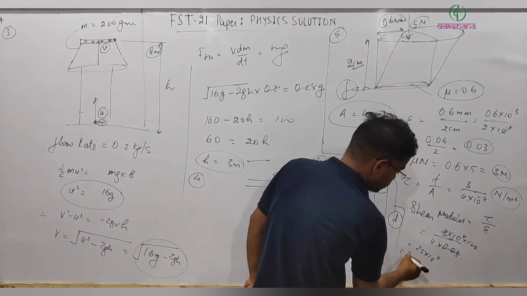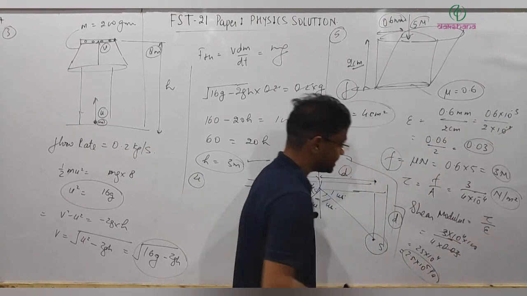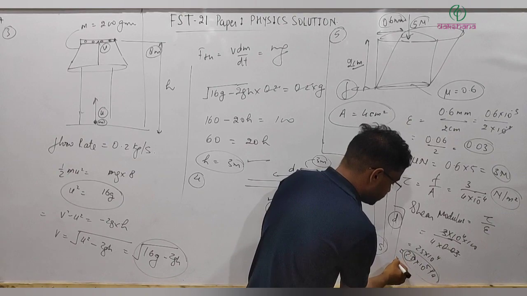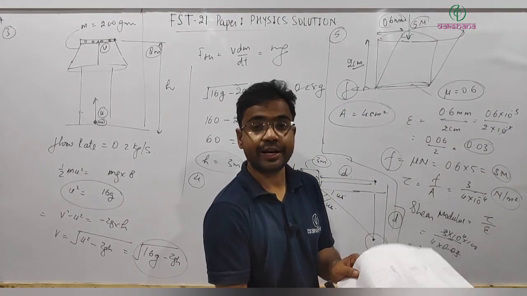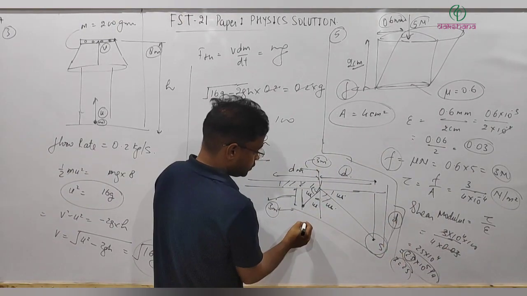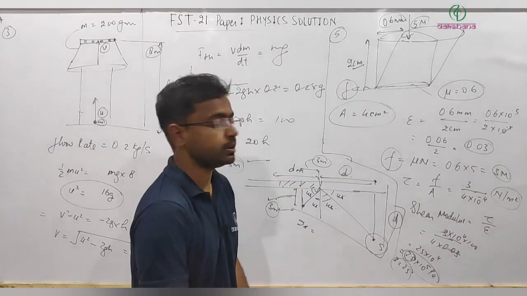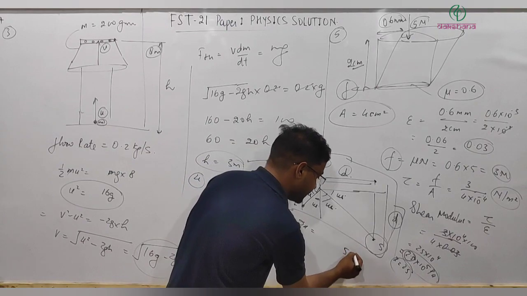So you can write 2.5 into 10 to the power 5 Pascal. So this is the shear modulus. So the value of x is coming out to be 2.5, but it's asking the value of 2x. So 2.5 multiplied by 2 will be 5. So the answer here is 5.